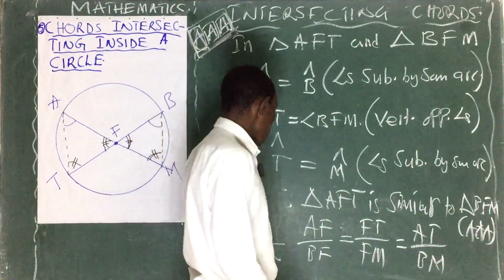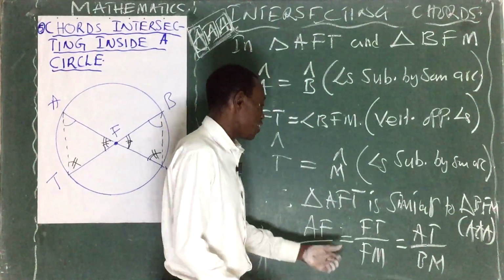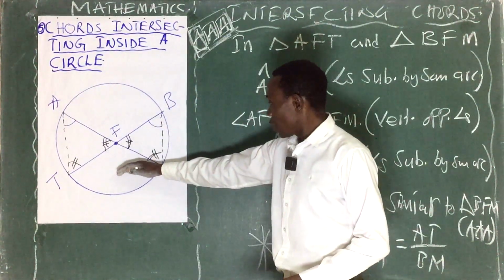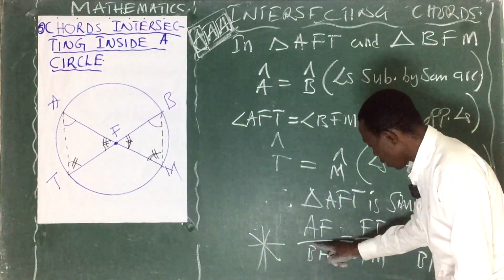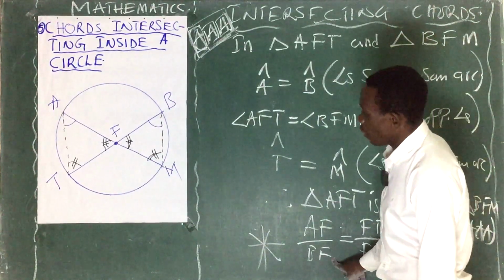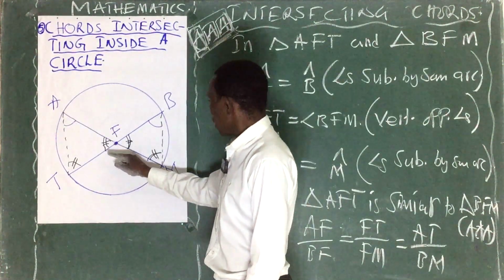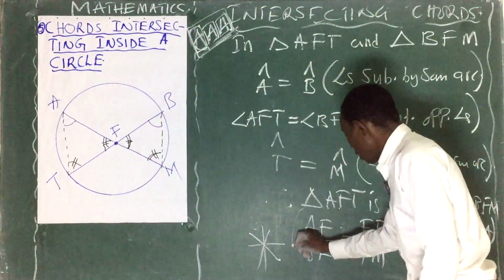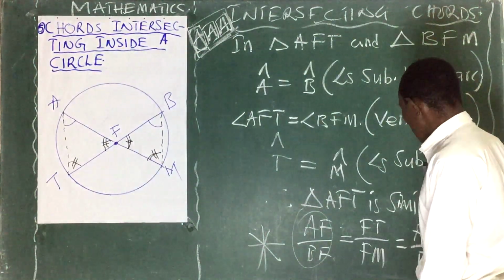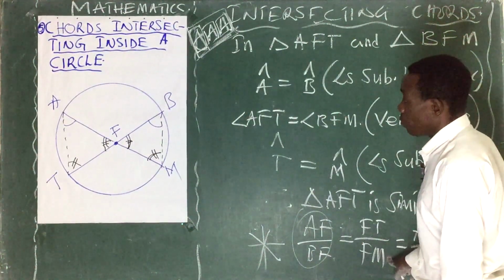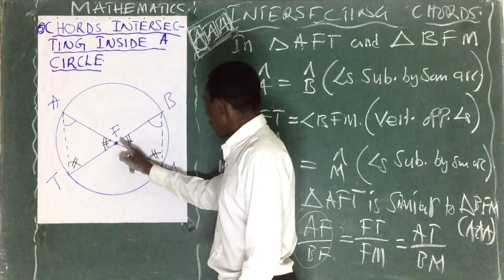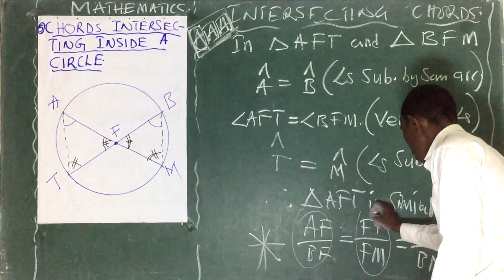So I'm going to choose the ratios which are defining the parts of the chords. The first one talks about AF and BF, so I'll consider this ratio here. And the other one talks about FT and FM. FT and FM. So I'll also consider this one here.